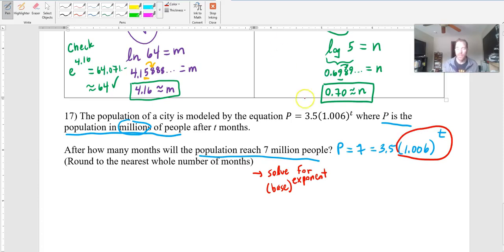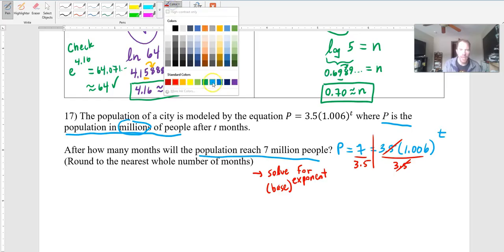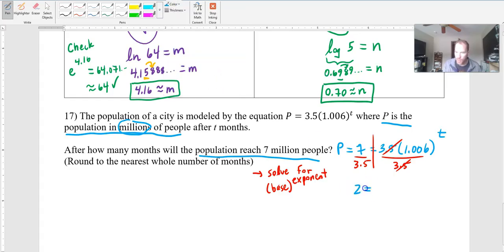What is that equal to? So I want to cancel the 3.5. 3.5 is being multiplied, so dividing by 3.5 would cancel that. Balance your equation, and that's going to give us exactly 2 on the left side. So this would be 2 equals 1.006 to the power of t.